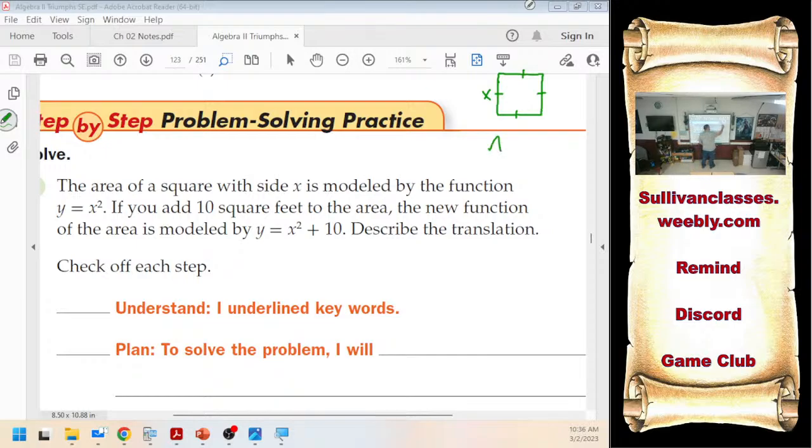Well, if all of them, length and width, are x, that's x times x. And one of the very first things we did in this class, how do I simplify x times x? Ooh, I know what I'm putting on our next test. Y'all remember exponents? X times x is x squared.